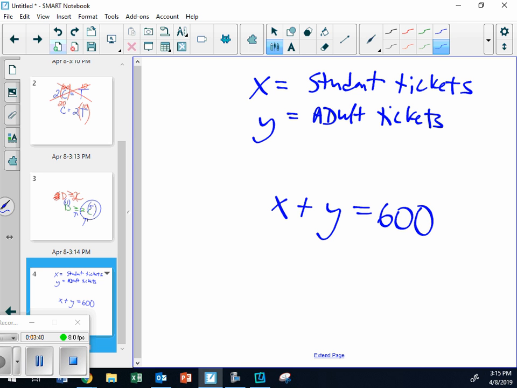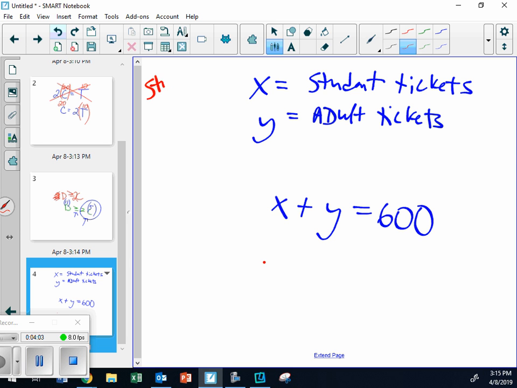Now that's not dollars. Here's a really common mistake. We sold $600 worth of tickets. Kids think they can just put that. No, that's a number of people, and that's money. So that wouldn't work. If I wanted to say we sold, let's say, $1,000 worth of tickets, then I'd say, how much is each student ticket?